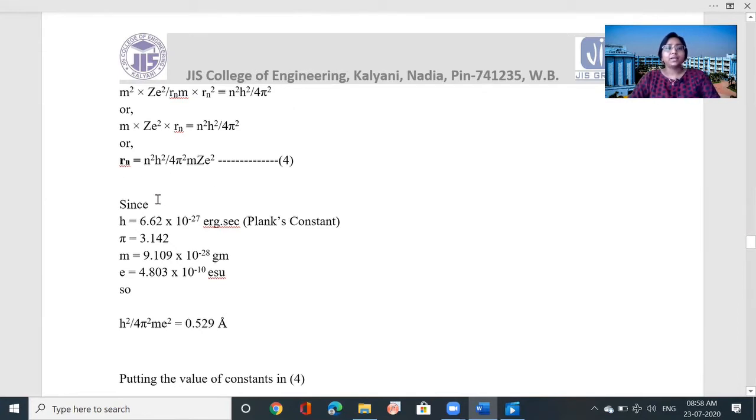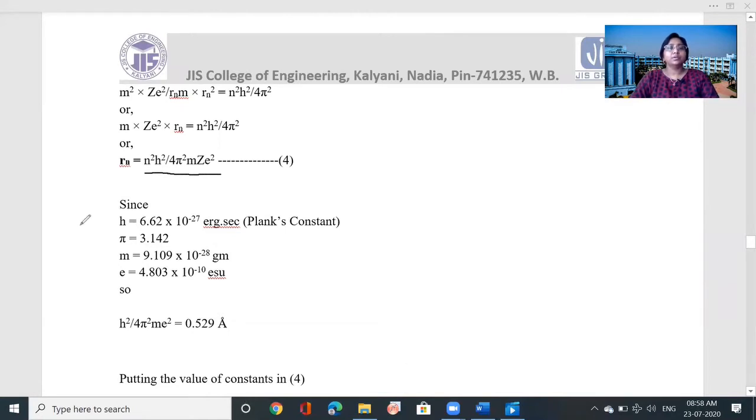Okay, so ultimately we are getting Rn is equal to n squared h squared divided by 4 pi squared m Z e squared.